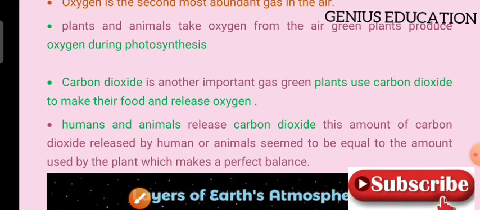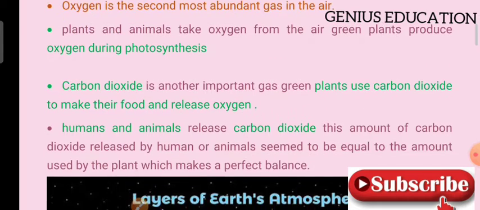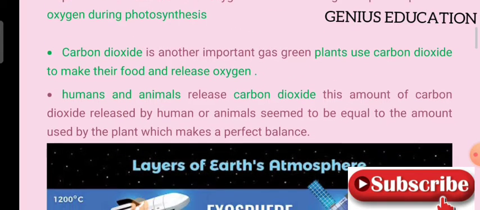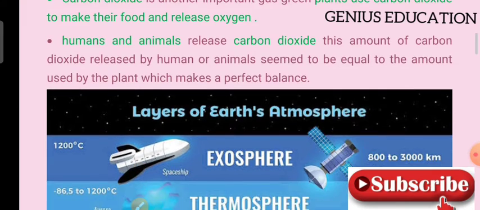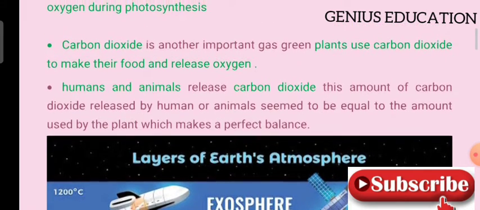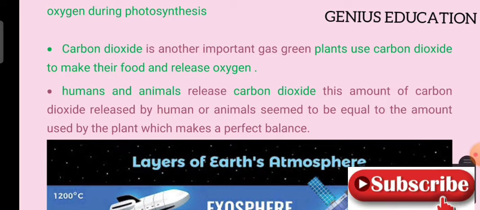एंड हियर दिस एनिमल रिलीज कार्बन डाइऑक्साइड, there are even different animals also, and the plant releases oxygen, and oxygen is one of the best and most important components for the survival of animals.